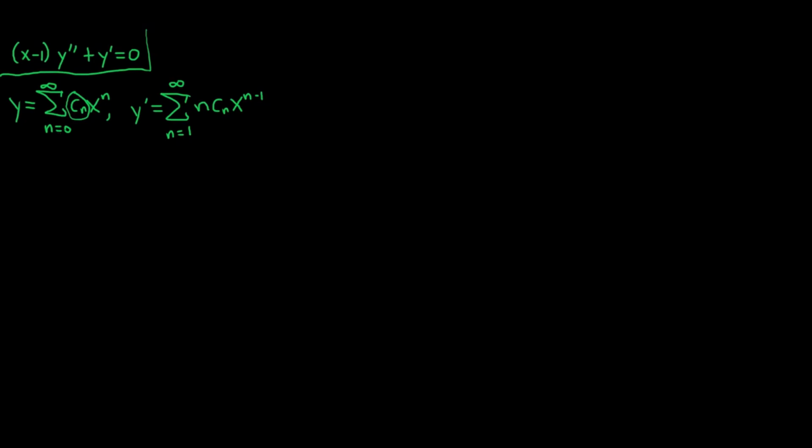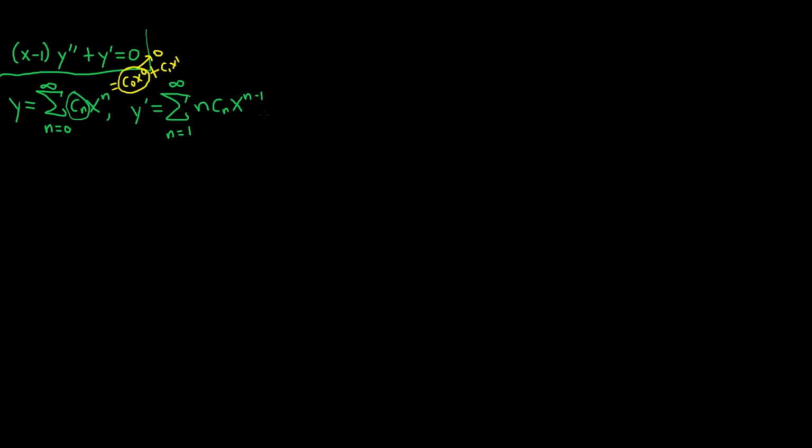If I were to plug in 0 into this formula for y, I would get c sub 0, x to the 0. Then if I plug in 1, I get c sub 1, x to the 1. X to the 0 is 1, so when you differentiate this first piece, it goes away. It's a constant because c sub 0 is a constant. So the 0th term vanishes, so you start at 1.